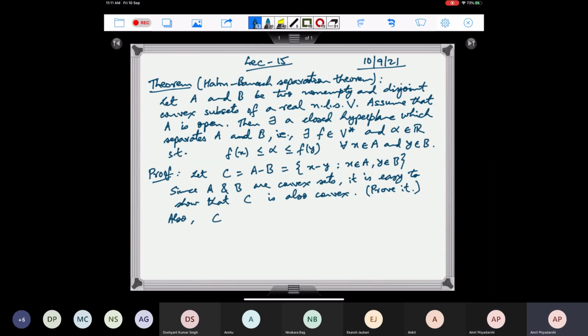Also now we are given that A is open. Because A is open, the C will also be open. Why?